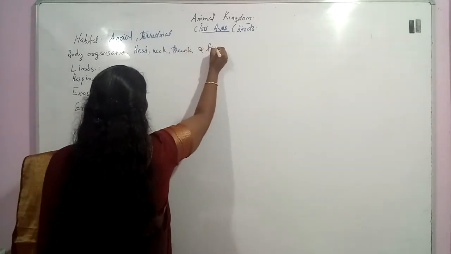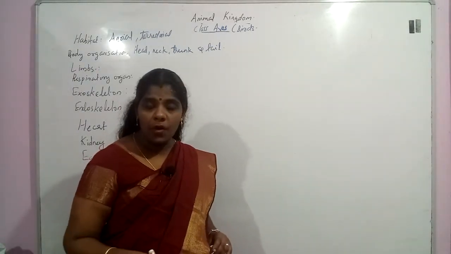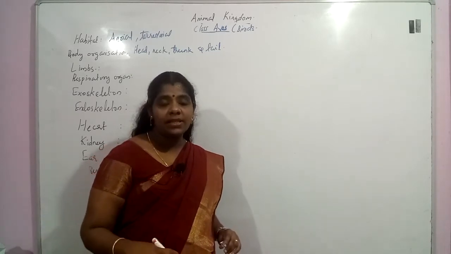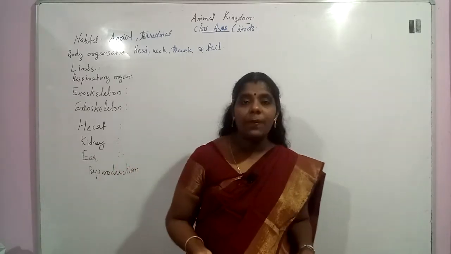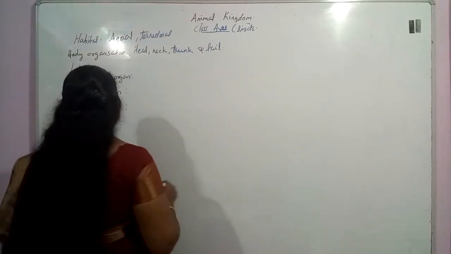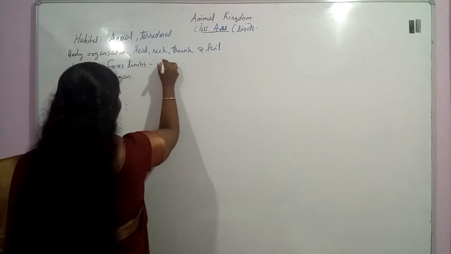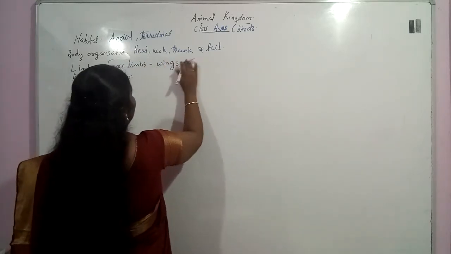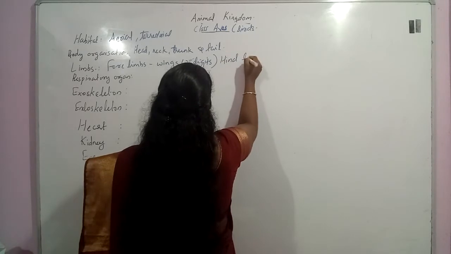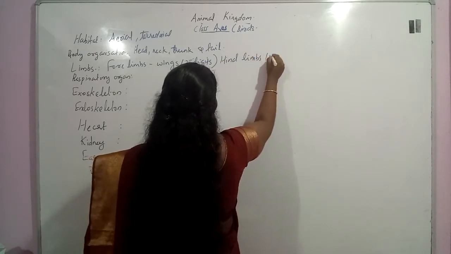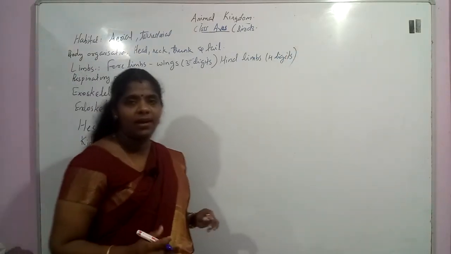Now the limbs of this organism: the forelimbs are modified in the form of wings, and the hind limbs are present, used for running, clasping, swimming, etc. So the forelimbs are modified as wings, and the hind limbs have 3 digits, or 4 digits, and are used for swimming, clasping, walking, running, etc.